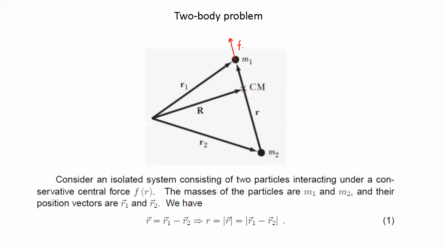I call this F1, and the other over here F2. F1 is the force acted on M1 by M2, and F2 is the force acted on M2 by M1.